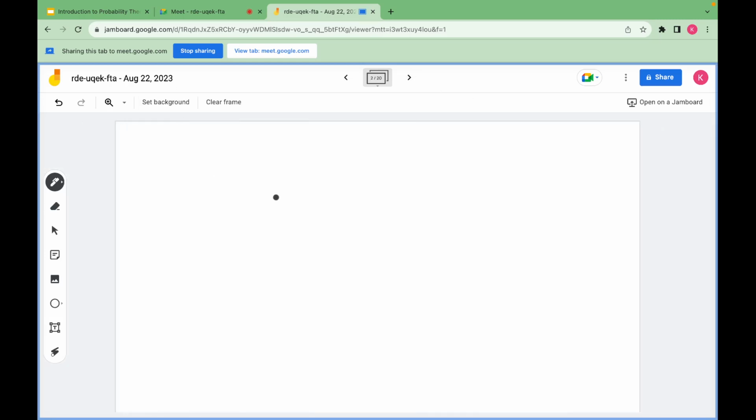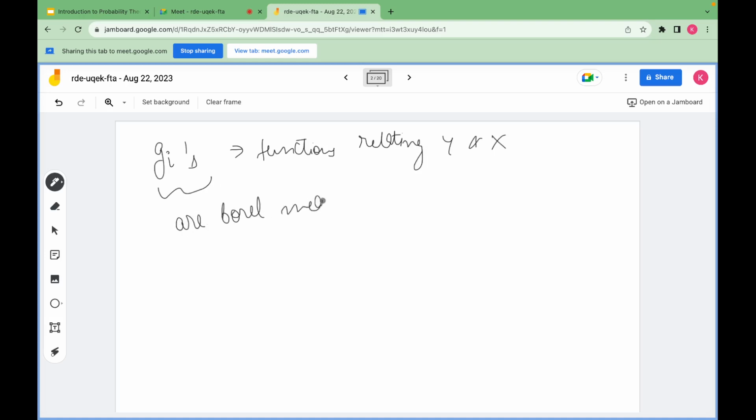This is possible only if all these gi's, the functions relating y and x, are Borel measurable functions.